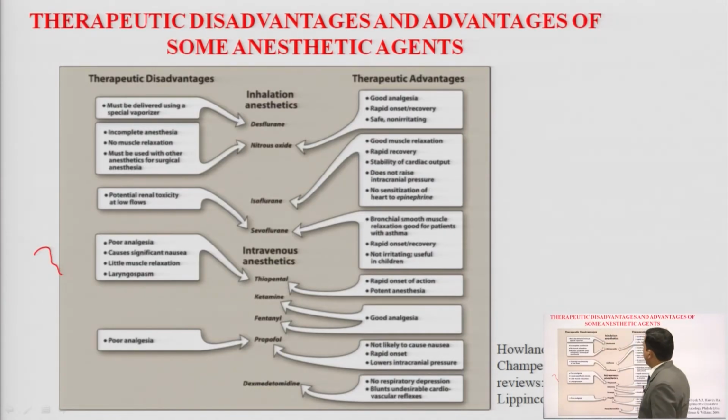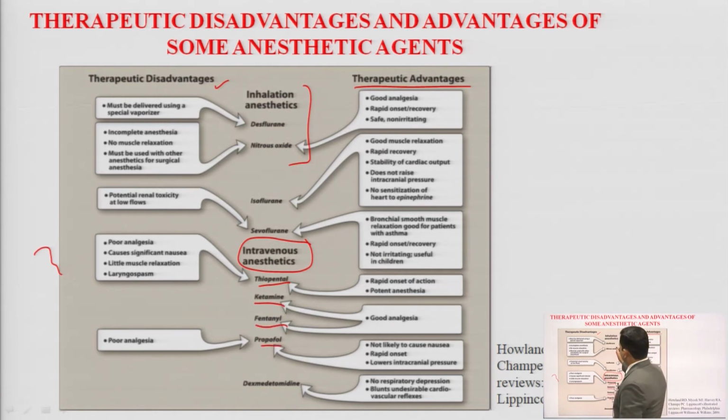So, this is the therapeutic advantage and disadvantage of some anesthetic agents. Basically, here are the therapeutic advantages and disadvantages of the inhalational anesthetics as general anesthetics and of the intravenous anesthetics like thiopental, ketamine, fentanyl, propofol and so on. The most important inhalational anesthetics that we are using are desflurane, isoflurane and nitrous oxide.